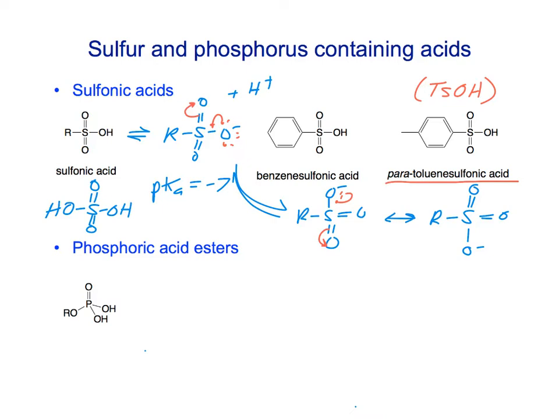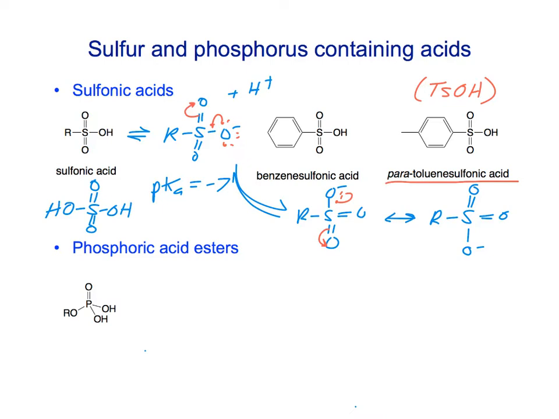They're good leaving groups. So with a sulfonic ester, we have OR over there, and essentially this conjugate base would be the leaving group. And it's such a stable conjugate base that it would make a very good leaving group as well. So it's another way to make an alcohol into a good leaving group.